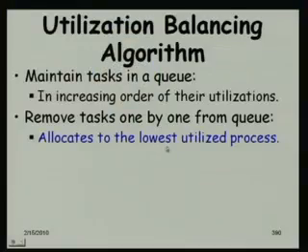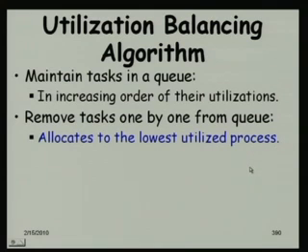So, remove the tasks one by one from the queue. First take out the task having the lowest utilization and then allocate it to the lowest utilized processor. So, we will also have the processor status information. We take one task, then examine the set of processors, we might have 4 or 2 or something, and check which is the lowest utilized processor. Okay, I have written here process, it should have been processor.